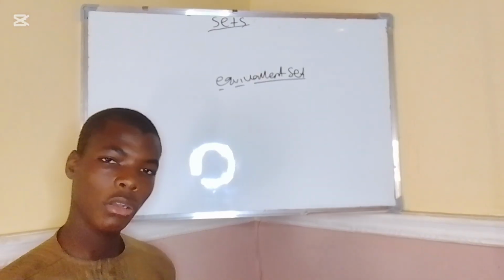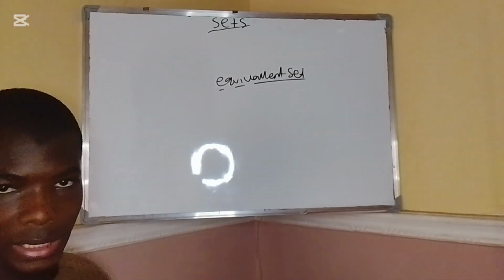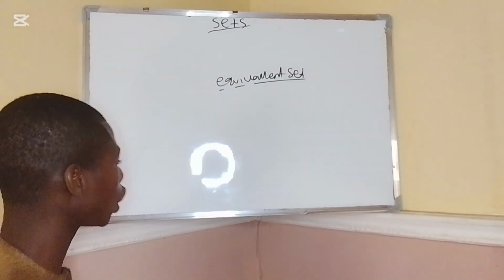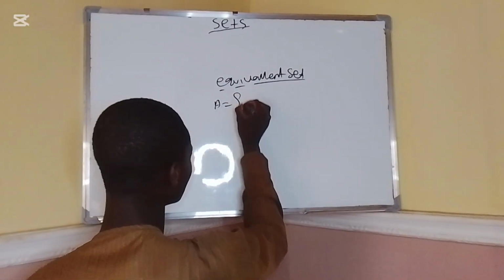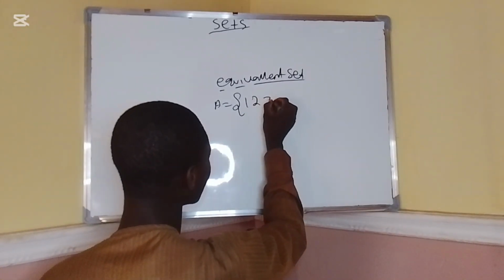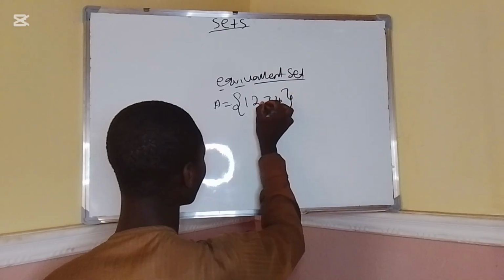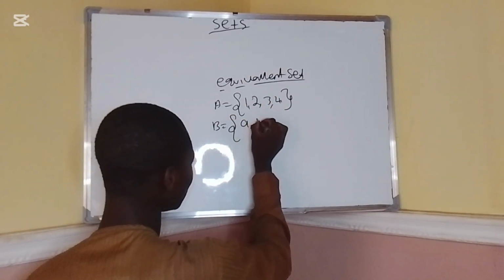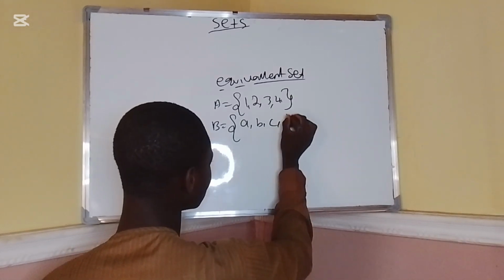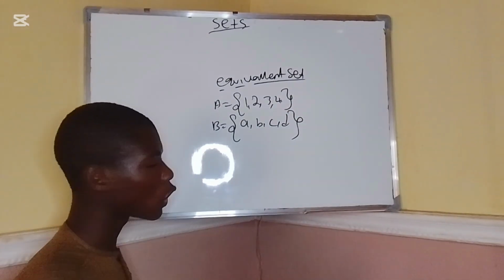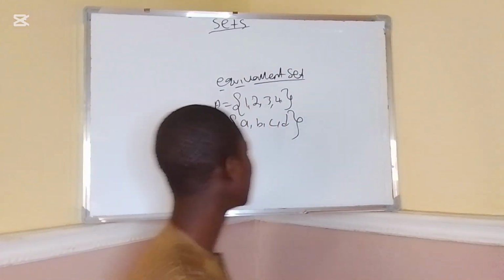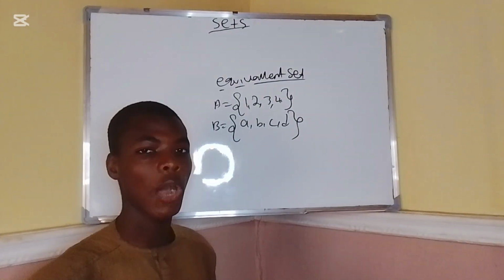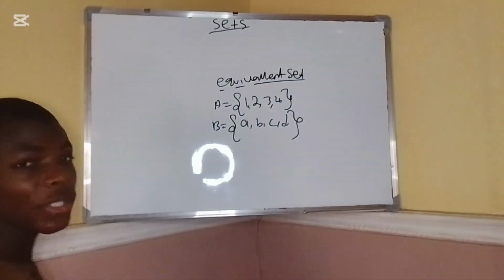So this is what we call an equal set. Let me say set A equals 1, 2, 3, and 4, and set B equals A, B, C, and D. So this is what we call an equivalent set, because the number of elements inside is the same.